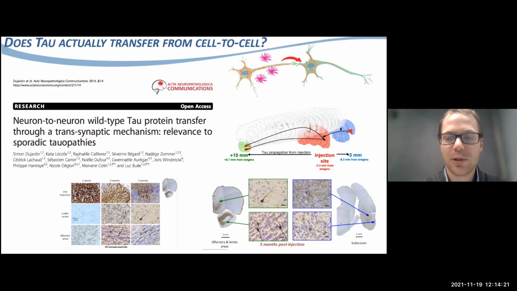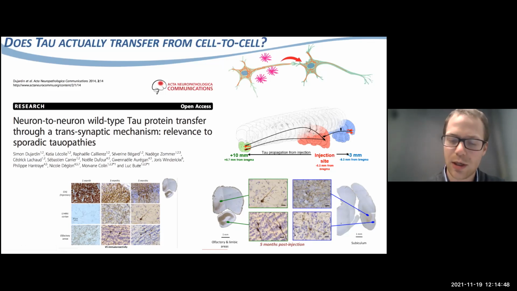And so we developed a rat model, which was an injection of lentiviral vectors inside the brain, and then we could show transfer of tau from the injection site to different, very distant regions, like olfactory areas or subiculum or things like that.